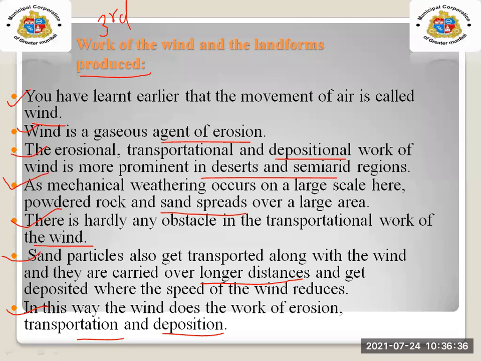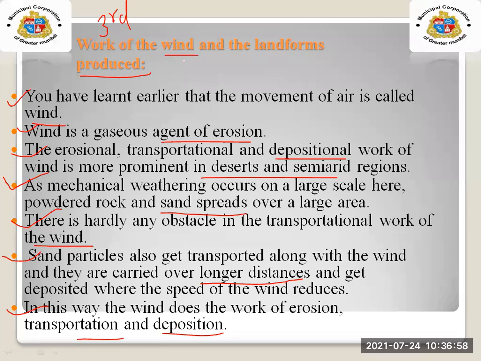So in this way the wind does the work of erosion, transportation and deposition. So this was the start of the third agent, wind. Here what we have understood is that the work of the wind depends upon whether there is an obstacle.